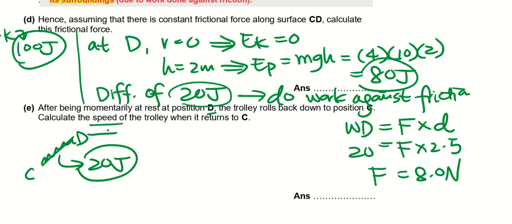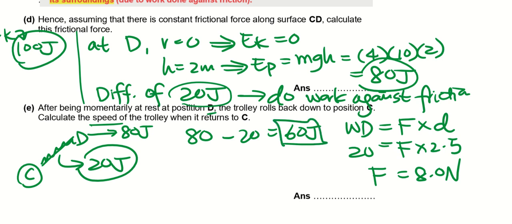So at D, initially it had 80 joules. We calculated, right? So now let us calculate what is the energy available at C after it went down. So you should take 80 minus 20, we get 60 joules.